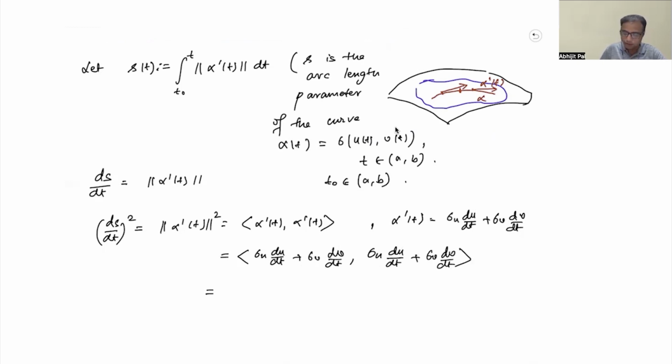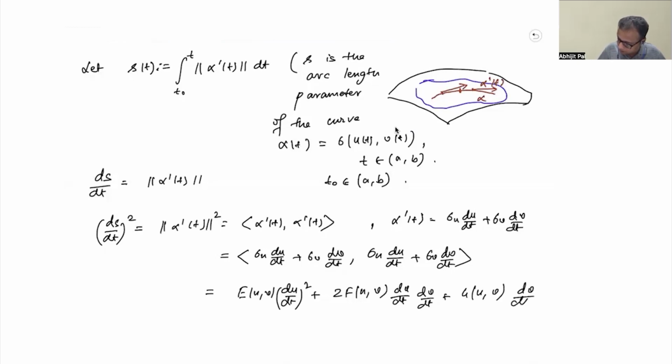Okay. Again, what we'll have is E(u,v) (du/dt) whole square plus twice F(u,v) (du/dt)(dv/dt) plus G(u,v) (dv/dt) whole square.